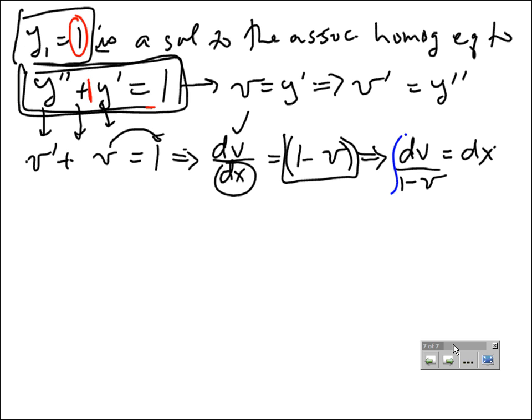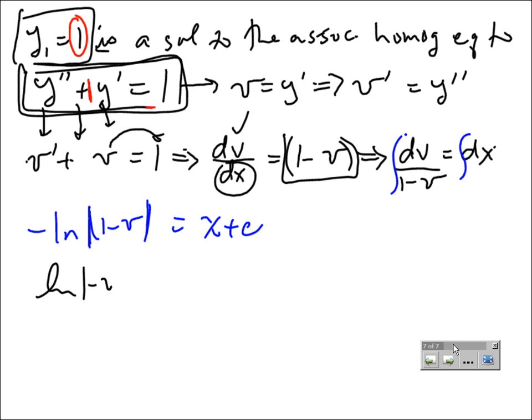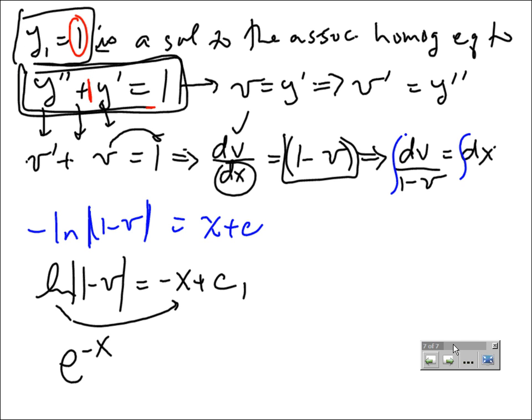And then I integrate both sides. The integral of the left side is negative ln of 1 minus v. The integral of the right side is just x plus c. Multiplying both sides by negative 1 gives us negative x minus c. But I'll just write plus c. I'll even call it c1. So e to the negative x plus c1, that c1 can come in front, is equal to 1 minus v.